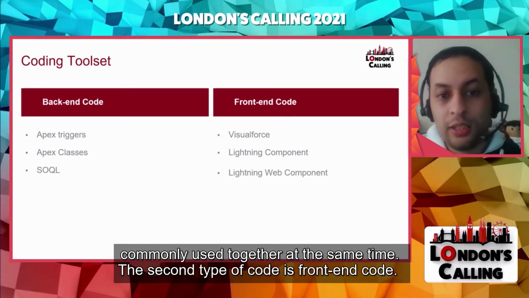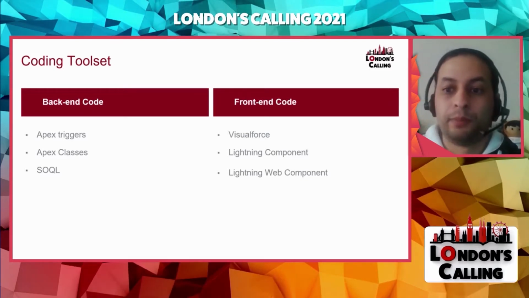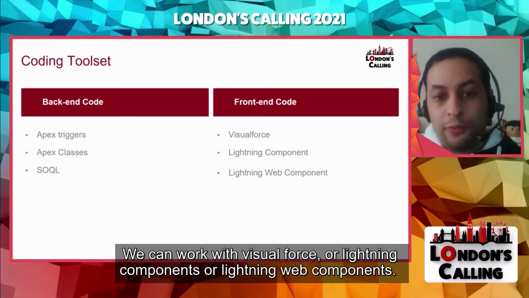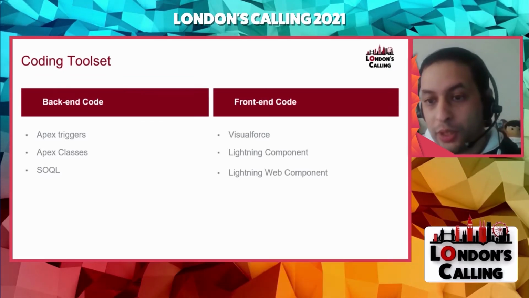And the second type of code is front-end code. We can work with Visualforce, Lightning components, or Lightning Web Components.